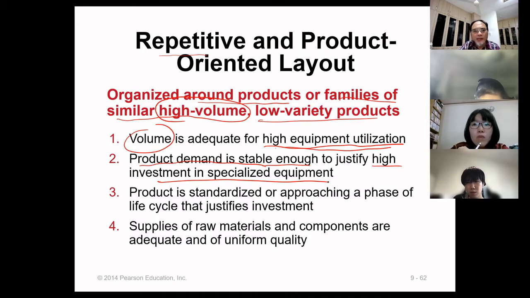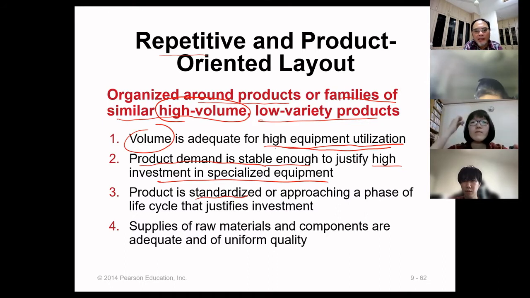The product is standardized, and also approaching a phase of life cycle that justifies investment. Standardized means that the volume is high. You don't make just one, compared to a job shop where you only make one spare part, one component.